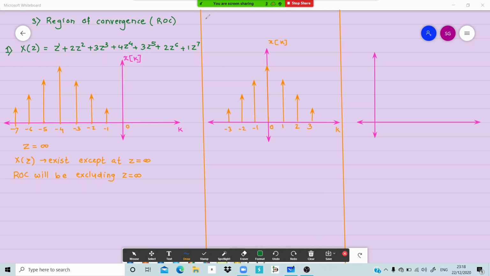Now your X(z) is, that means plus 3 z cube plus 2 z square plus 3 z plus 4 z raised to 0, plus 3 z raised to -1, plus 2 z raised to -2 and plus 1 z raised to -3.